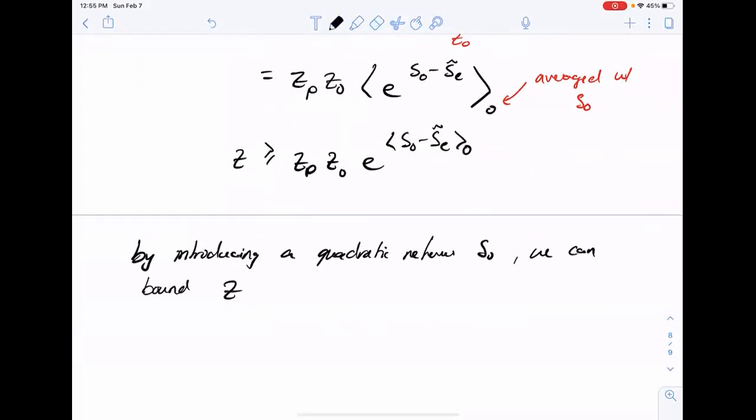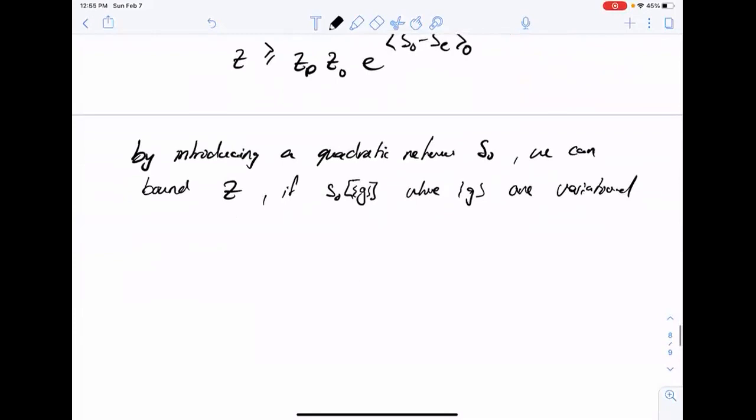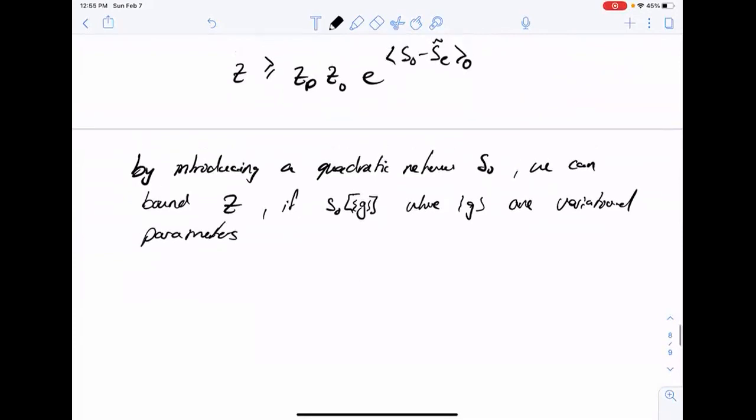And further, if S0 is tunable, say it has a set of parameters, say variational parameters, we could solve for an optimal set of those parameters to find the best bound that we could arrive at.